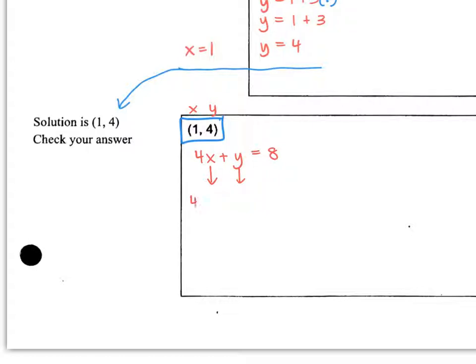So it becomes 4 times 1 plus 4. Notice I changed x to 1 and y to 4. So 4 times 1 is 4. Then just copy that. Does 4 plus 4 equal 8? Yes, it does. Therefore, my solution is correct. My solution is 1 comma 4, this one right here.